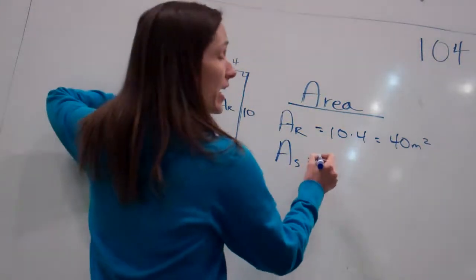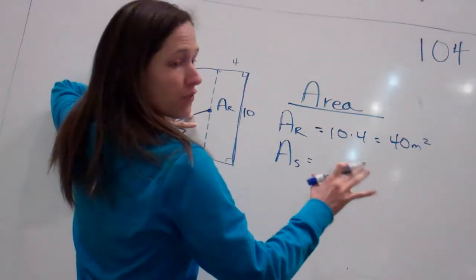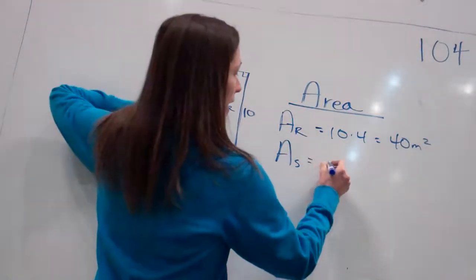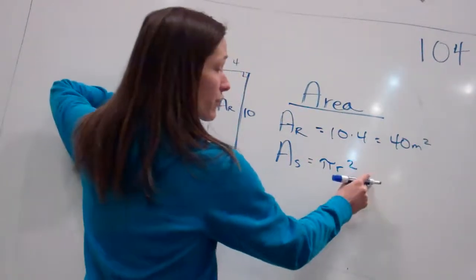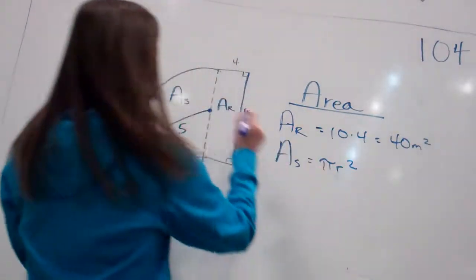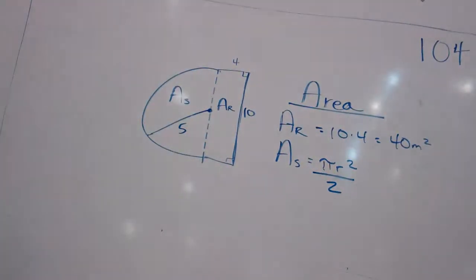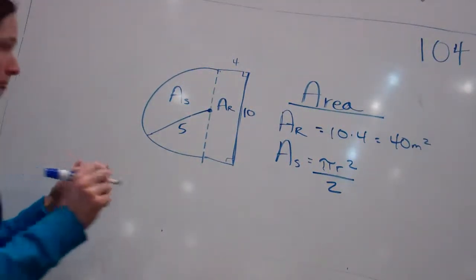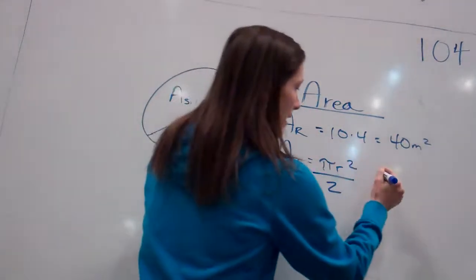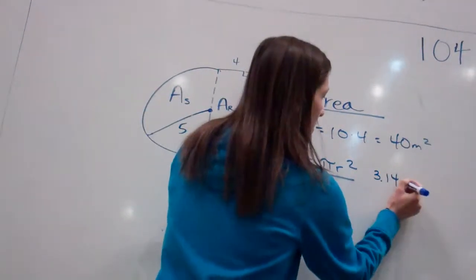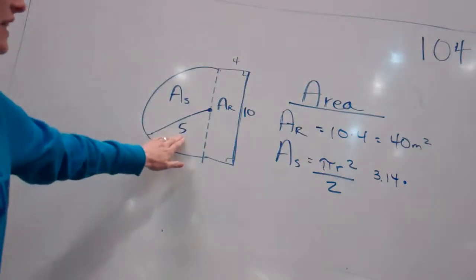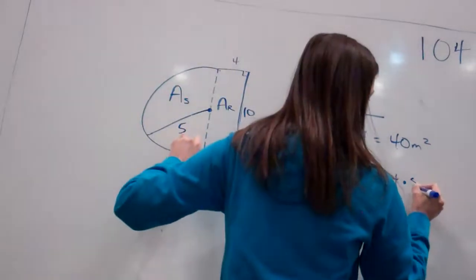Well, what's the area of a circle? Formula. Pi r squared, but that's for a full circle. But we're only doing half of a circle, so I'm going to divide it by 2. So what I would do is I'm going to take this pi and go 3.14 times my radius, which is 5, so 5 squared.